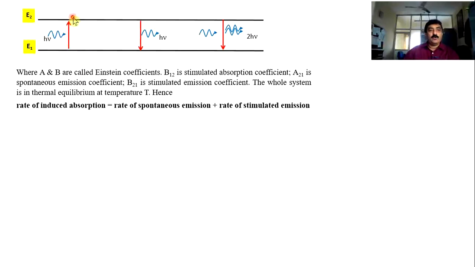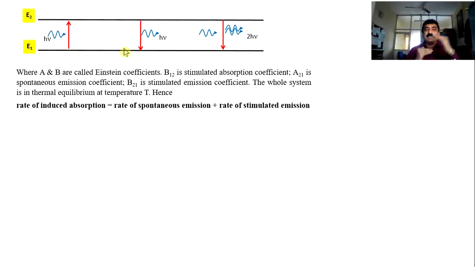And then once it goes to a higher level, after spending a brief interval of time, about 10 power minus 8 seconds, the atom will come down and will emit light. The photon is emitted. This is the normal procedure in all emitting sources. Light is obtained by means of this process only. Atoms will go there, will come back and emit radiation of different frequencies.